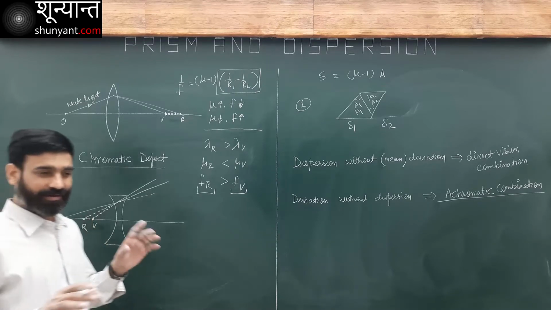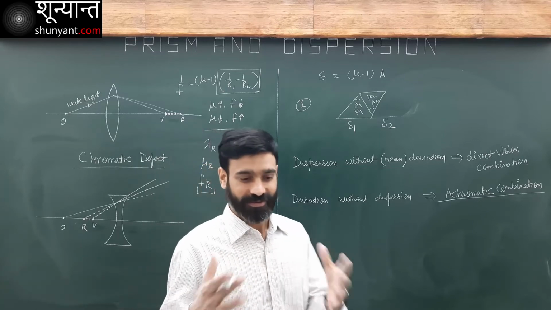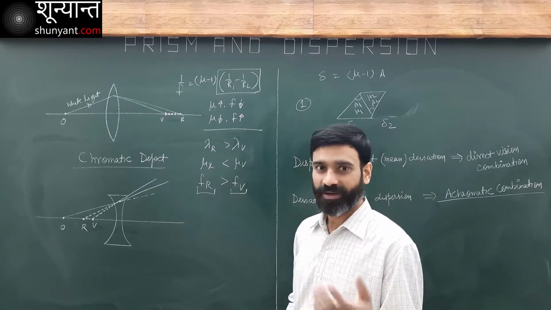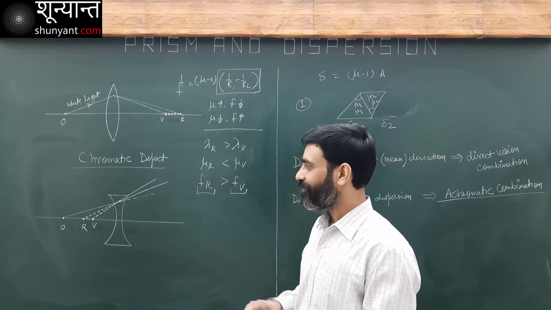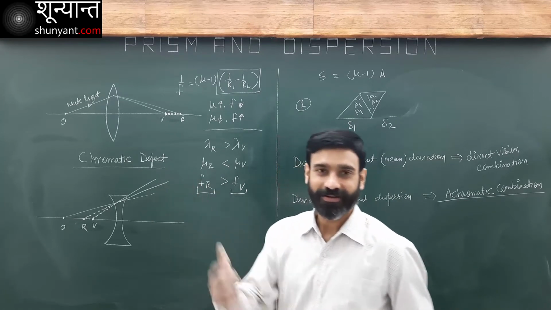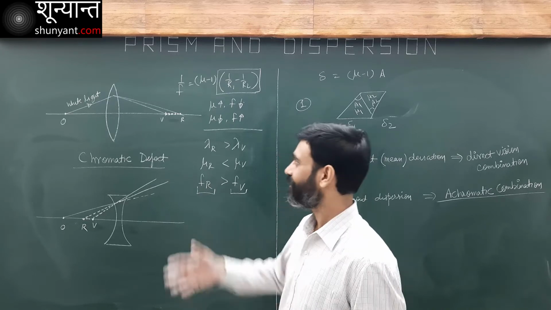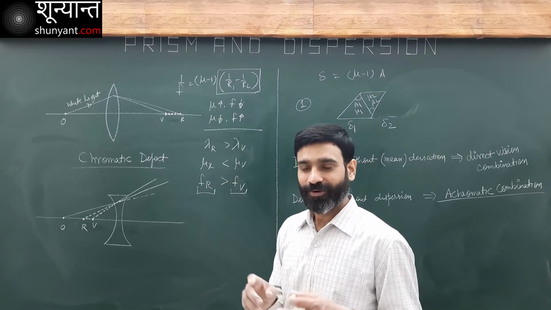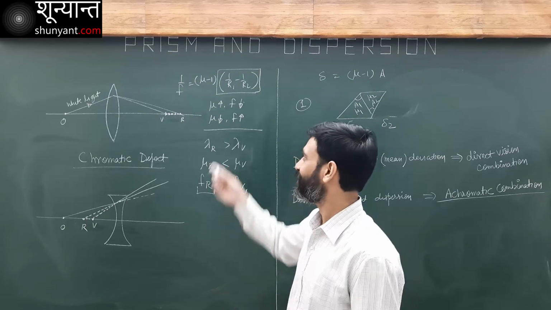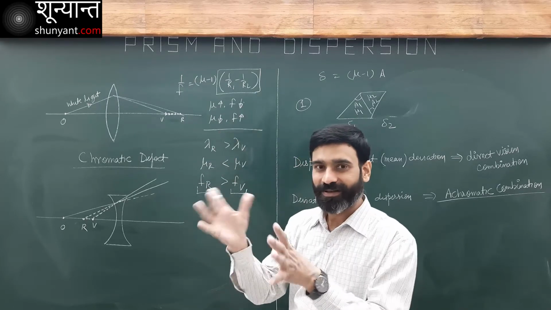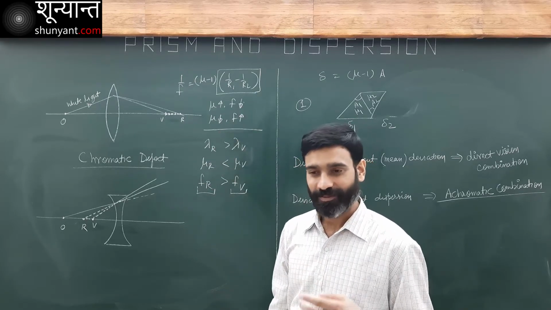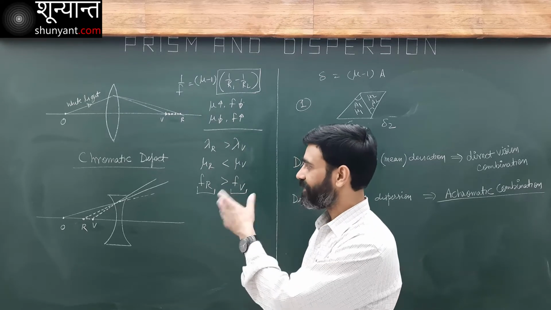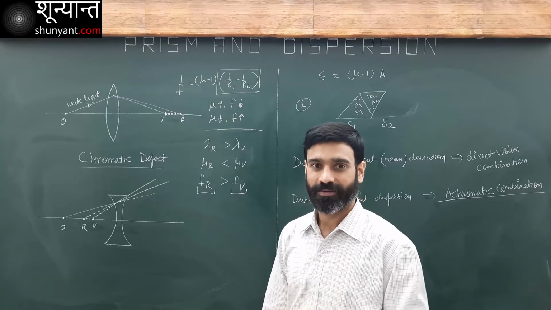So suppose that the doctor has prescribed you some glasses, some spectacles to correct your vision. And if you are reading your book, or you are looking at this lecture right now, you are going to see everything colorful. I am writing with white chalk, but everything will appear colorful to you. That becomes very irritating, it's annoying. That's why it actually is a defect. It is known as chromatic defect.